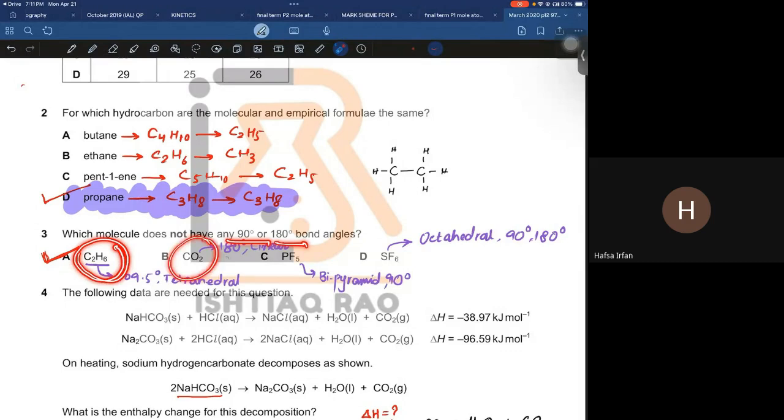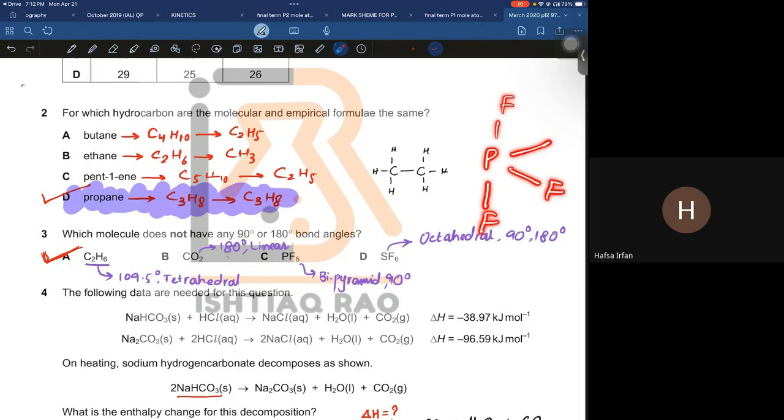If you check carbon dioxide, the bond angle is 180 degrees because it has 0 lone pairs and 2 bond pairs. PF5: in this, you can see 90 degrees and 180 degrees.